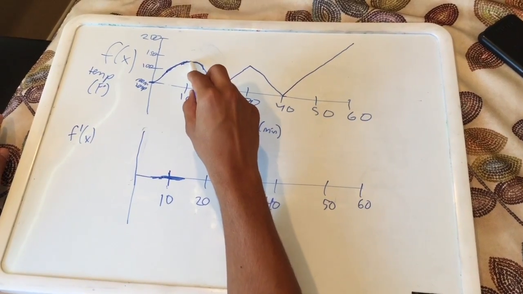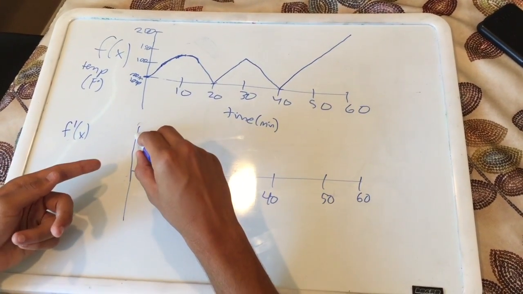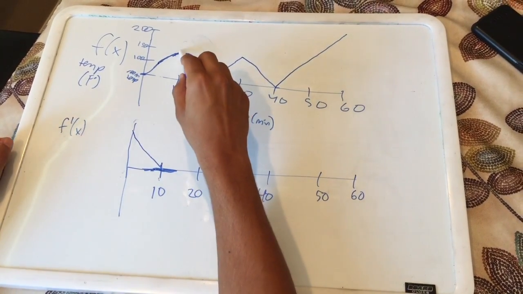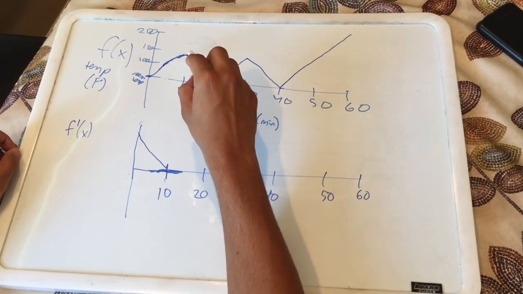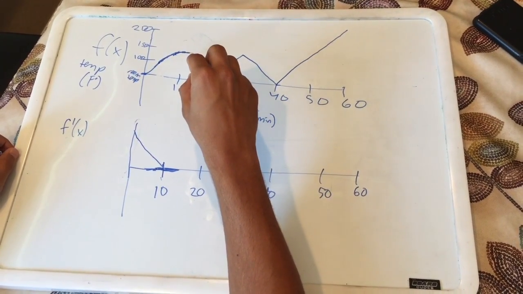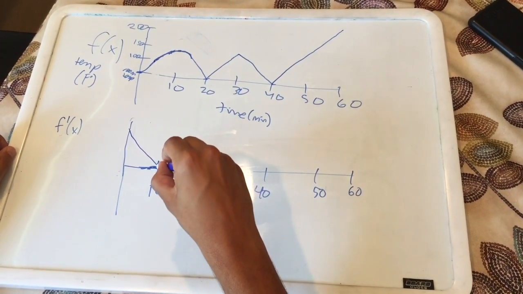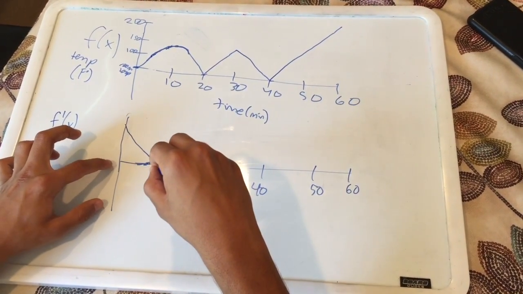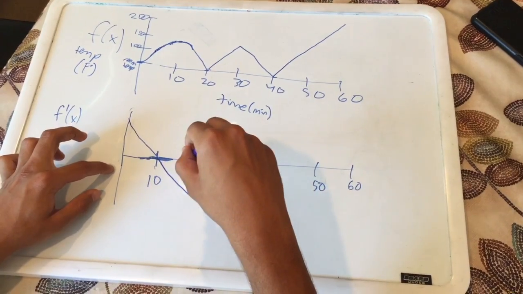But then it got to a point right here where the change was positive but at a decreasing rate. Once it hit right here, too much heat was escaping, not enough heat was going in, and the temperature went back down to 0. So the rate was decreasing, the temperature was decreasing.